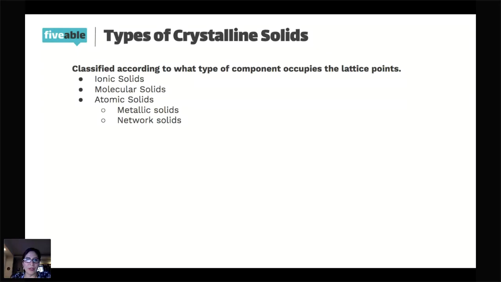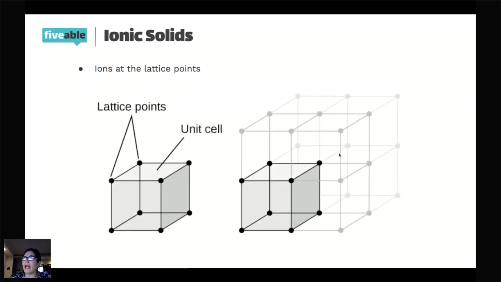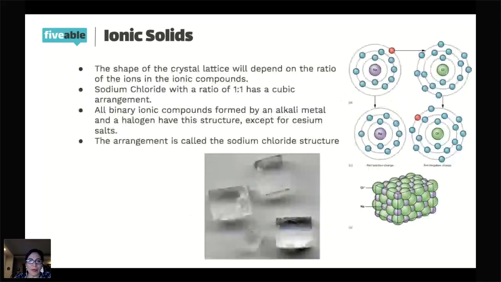So for example, in an ionic solid, we will have ions on the lattice points. And the lattice points, you can think of them as the corners of the unit cell. For sodium chloride, we already know that sodium chloride bonds with a ratio of 1 to 1.